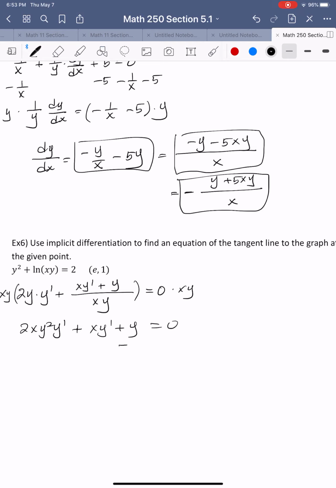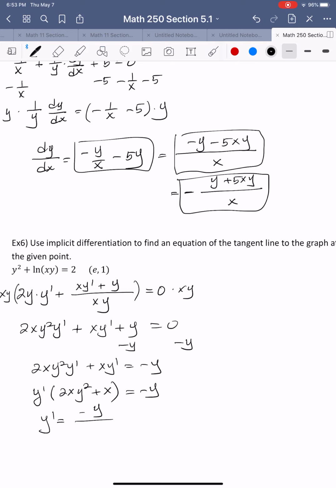So subtract y from both sides, which gives 2xy squared y prime plus xy prime equals negative y. And factor the y prime: y prime times (2xy squared plus x) equals negative y. So y prime is negative y over (2xy squared plus x).